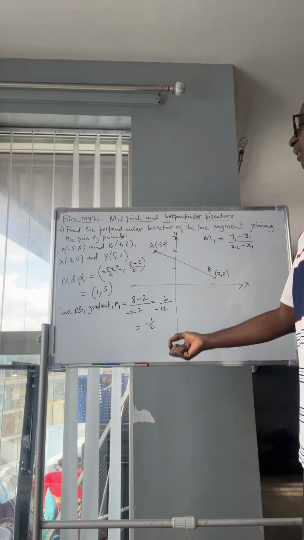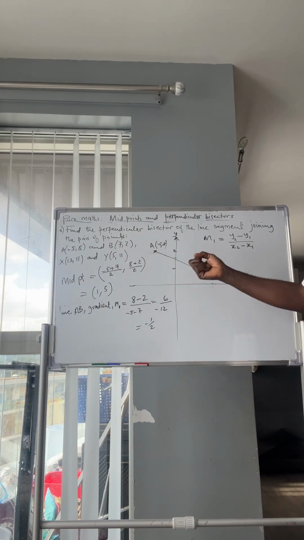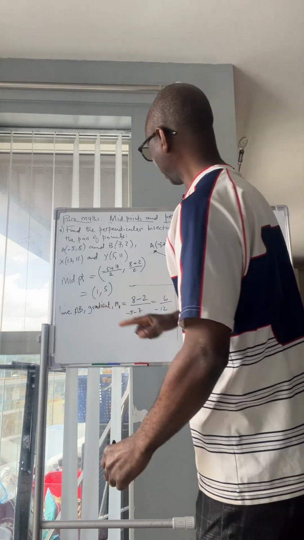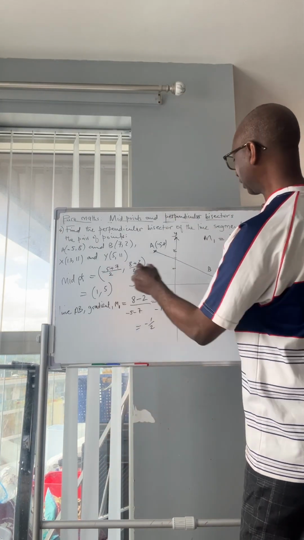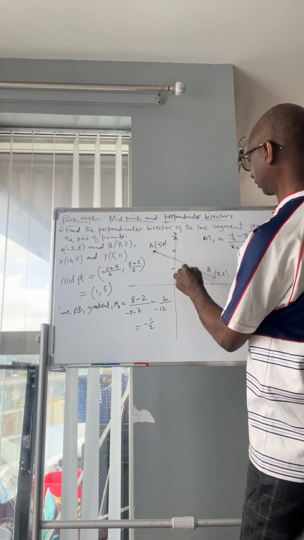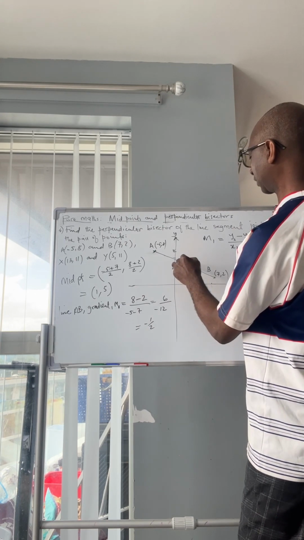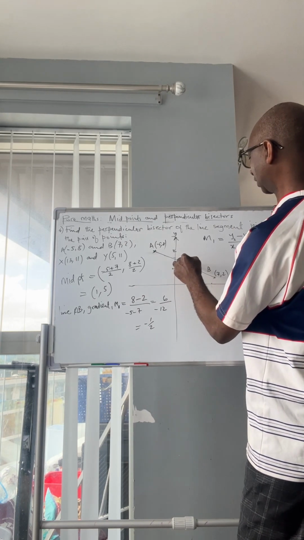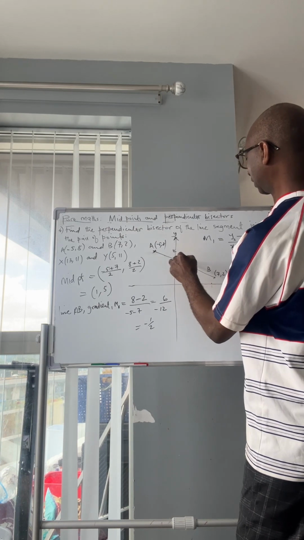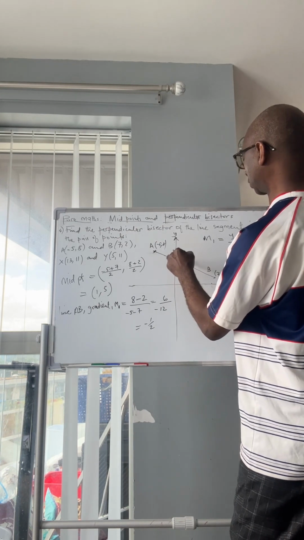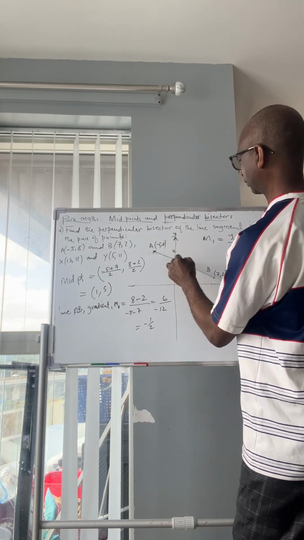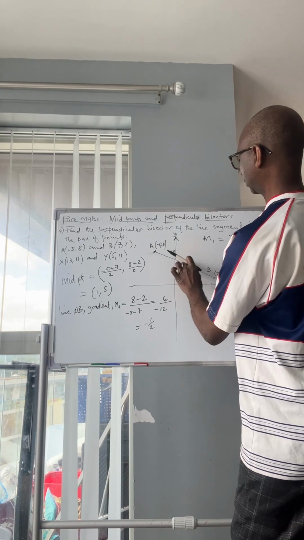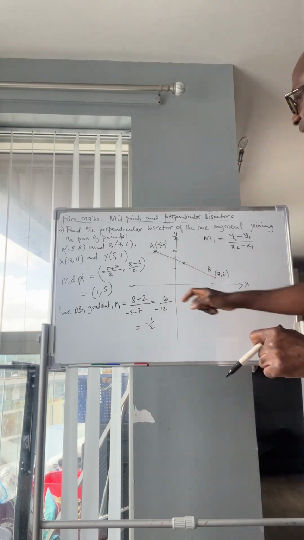Now, how do we find the slope of this line here?